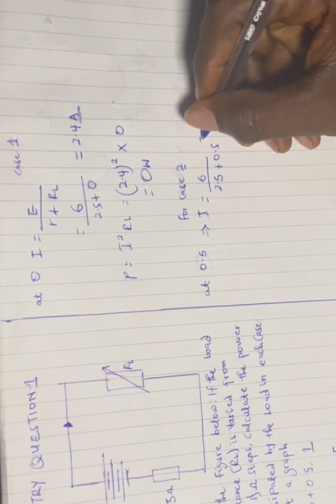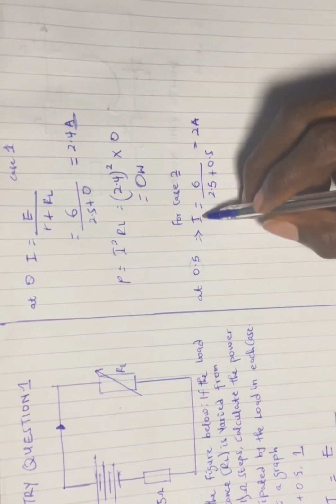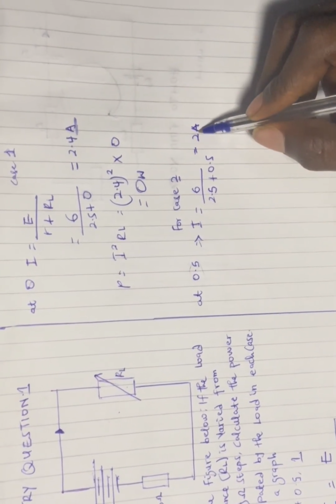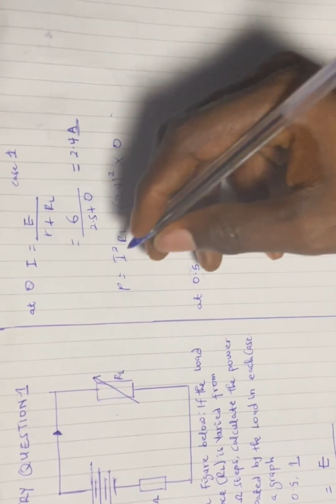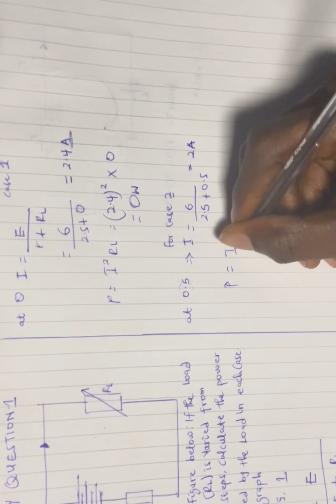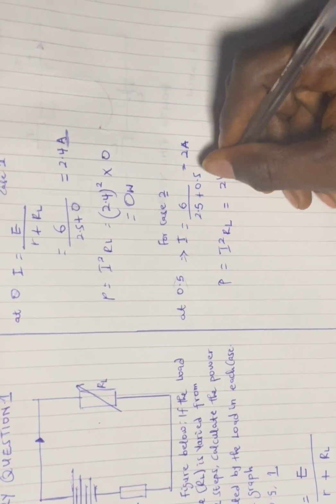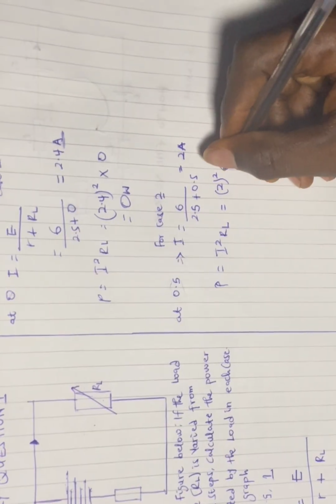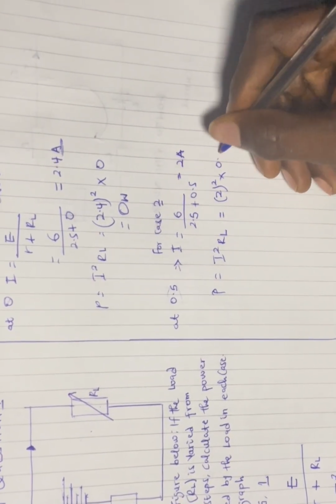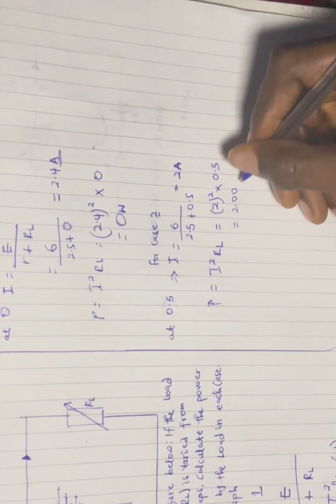So your answer is going to be equal to 2 amperes. So let's find our power. Power is equal to I squared RL. So it's going to be 2 squared times your RL, which is 0.5. That's going to give you 2.00 watts.